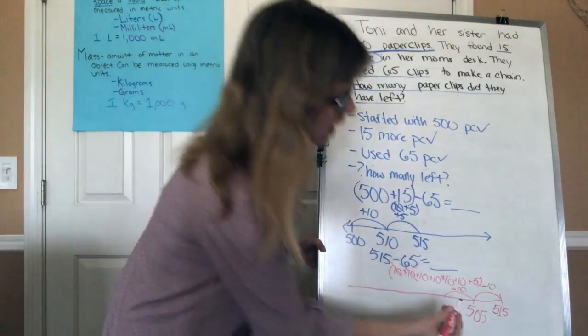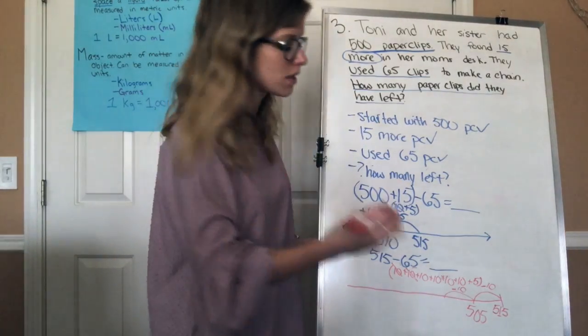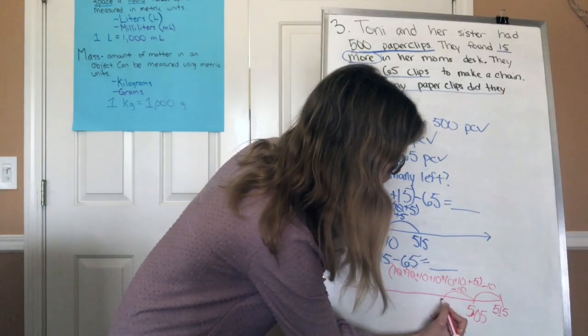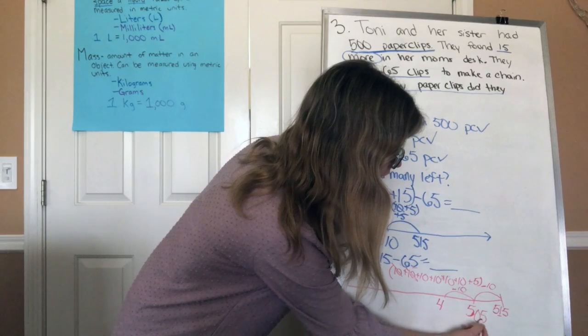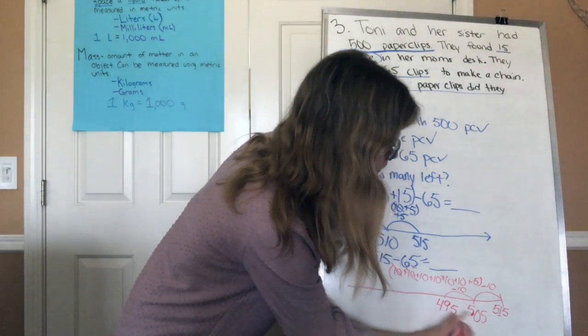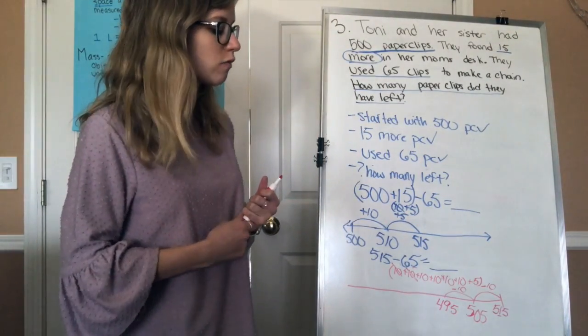And I know that since I have a 0 here, that means that I need to take some from my hundreds place. So my hundreds place is going to go down to 400. And then I would have 95. So my number would be 495 if I took away 10 from 505.